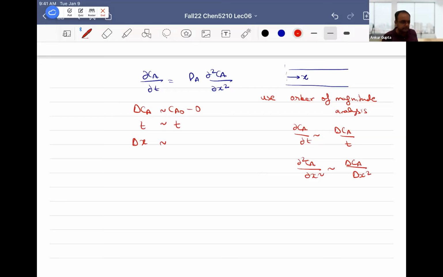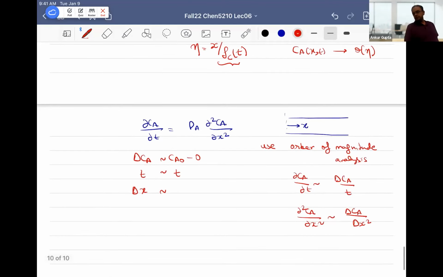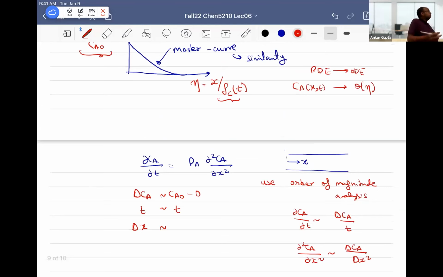And what is delta X? Any idea? What will be the delta X across which I'm seeing the concentration difference? Boundary layer, right? That has to be the boundary layer, because that's my definition. What is the length scale? It's infinite or the boundary layer. There are only two lengths, and it has to be the boundary layer, because I'm only interested in the region where I have delta C naught, the change in concentration.